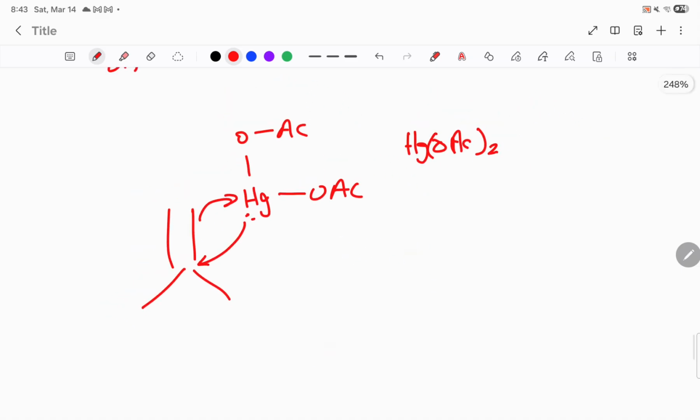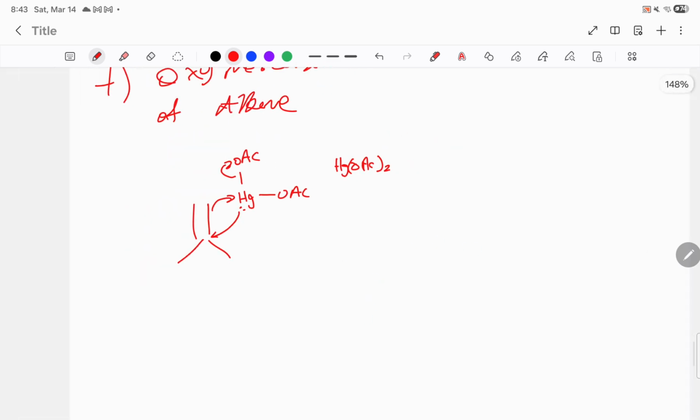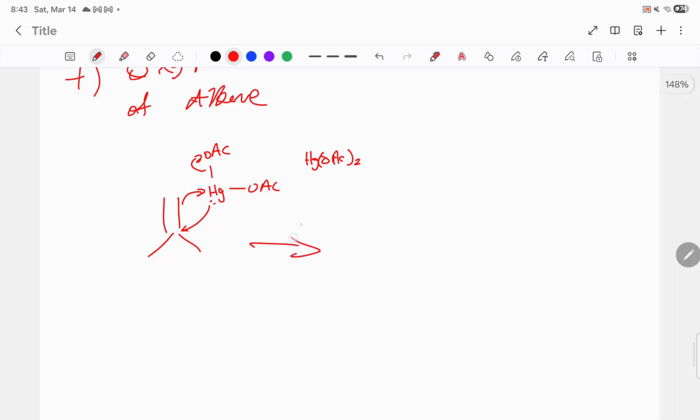And at the same time, this bond is going to break and come here, and I could just show it this way. Now, this is going to form a mercurinium ion intermediate. Okay, so watch this. Boom, boom. Plus charge. Okay, so we have a mercurinium ion intermediate.